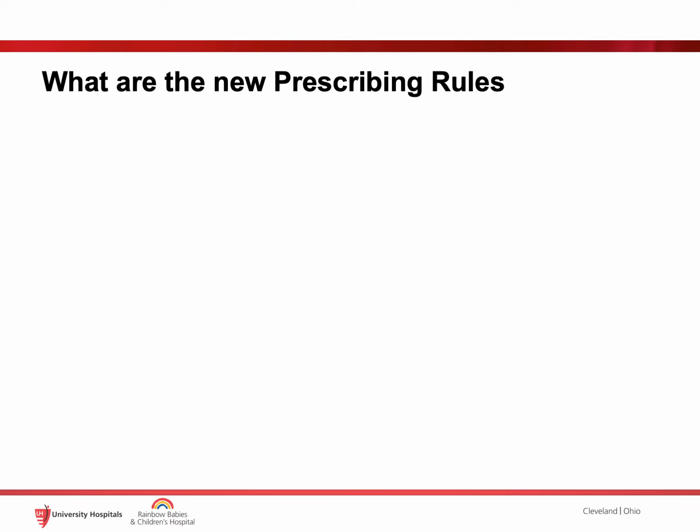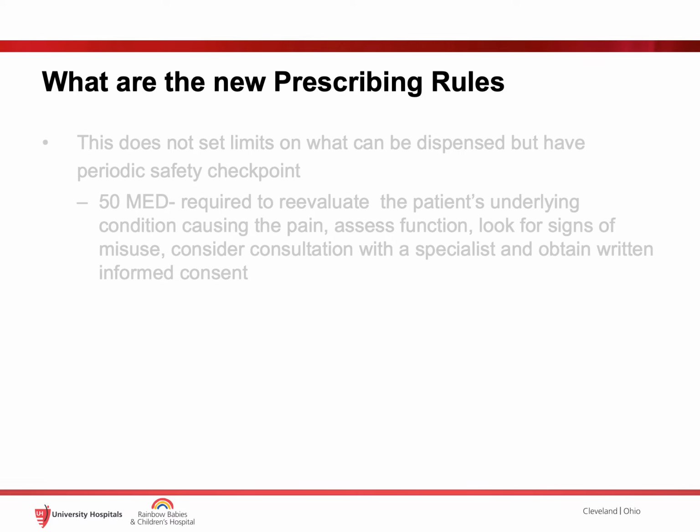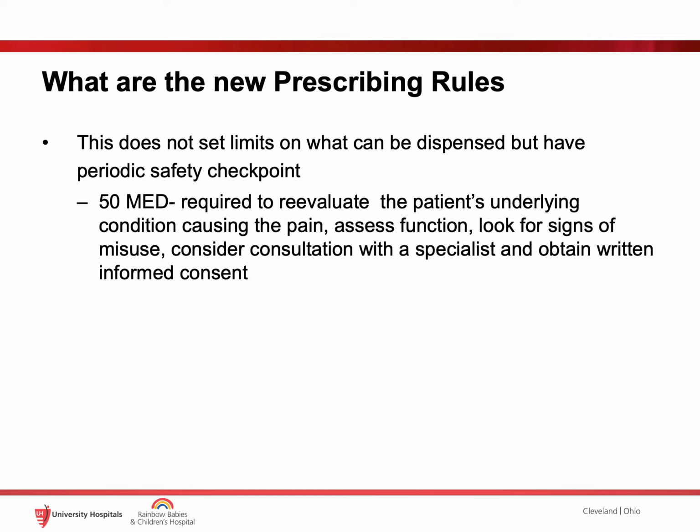What this legislation is saying is that if you prescribe for 15 morphine equivalent doses, then you are required to evaluate the patient and their underlying condition. You need to assess their function, look for signs of any misuse, consider consulting a specialist, and obtain written informed consent.